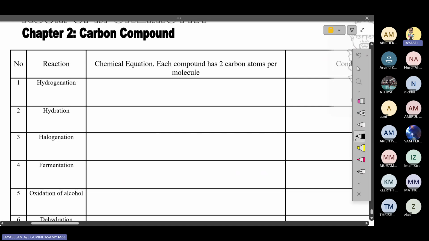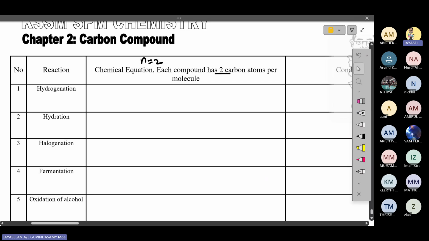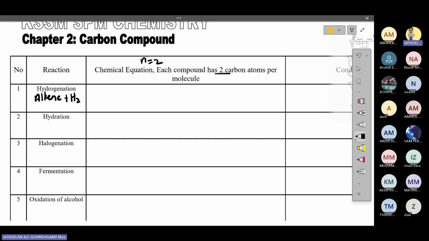Here you see the chemical equation which requires carbon 2, so I take n equals 2. Hydrogenation means you take alkene and add hydrogen gas. Alkene CnH2n, so I take C2H4 plus hydrogen gas. What will you get? C2H6.